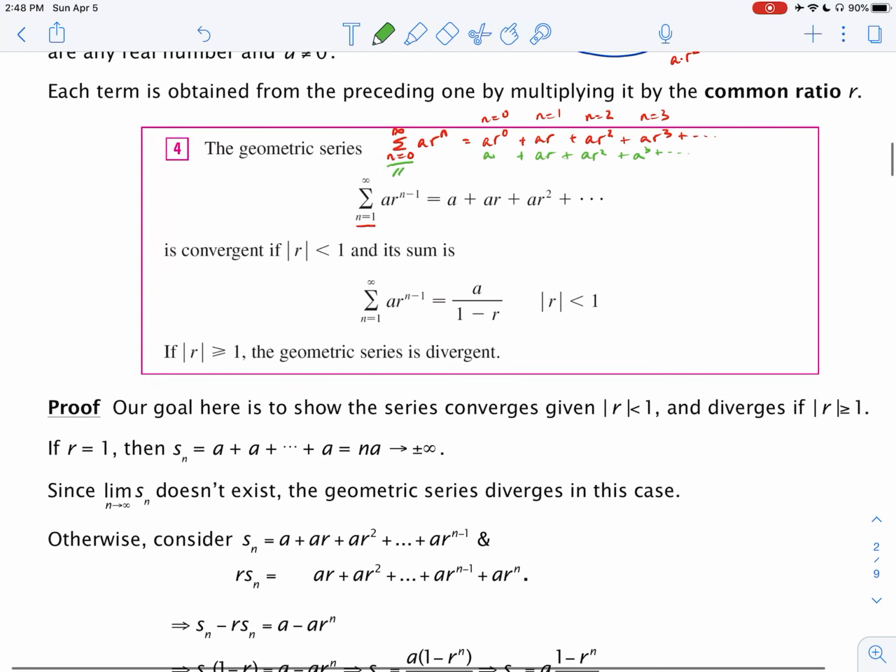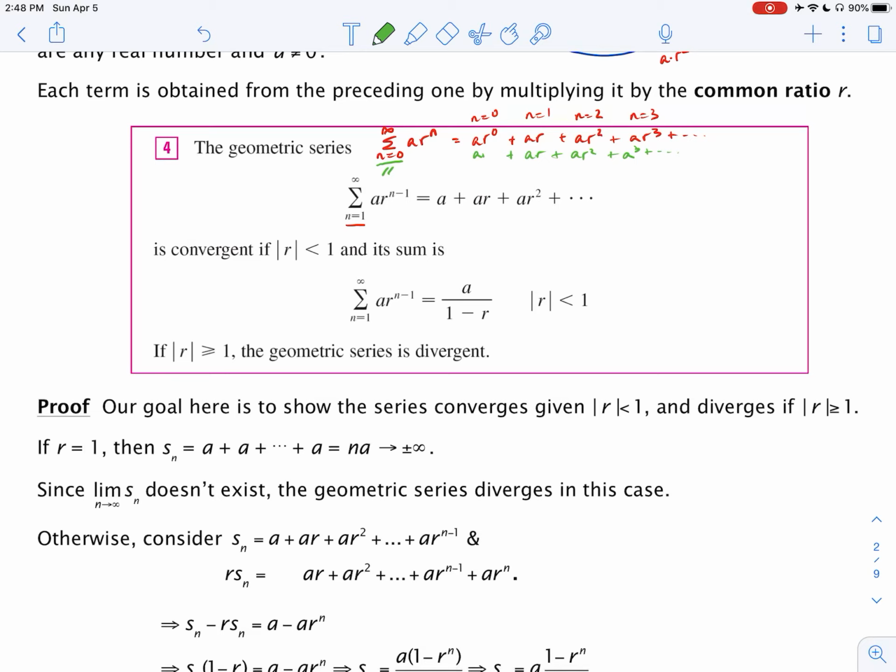And for those of you studying mathematics, you might want to read this proof. This is a way of being able to determine what that expression for Sn could be if you wanted to use the formal definition of showing that the sequence of partial sums converges.